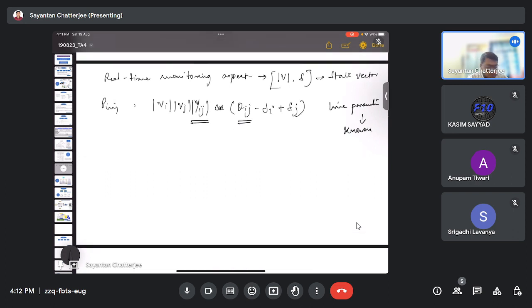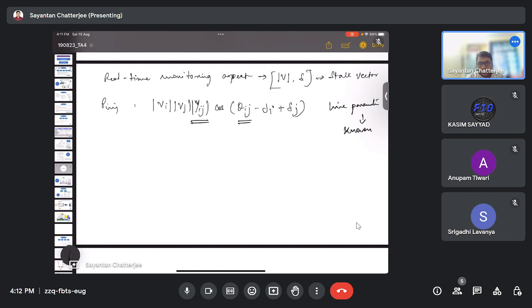What is known from the WAMS technique, or the phasor measurement unit, is that we have the direct measurement of the magnitudes and their phase angles. So we can directly put these values here and reconstruct the real power flows or bus power injections in the system.